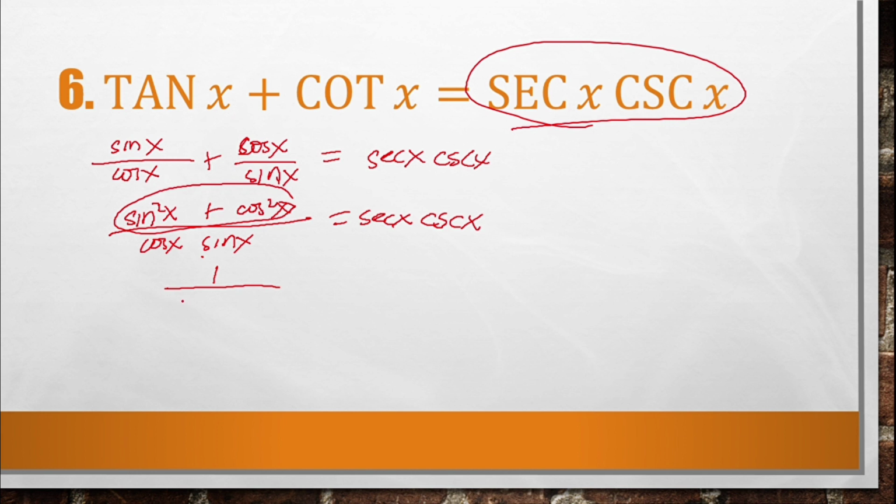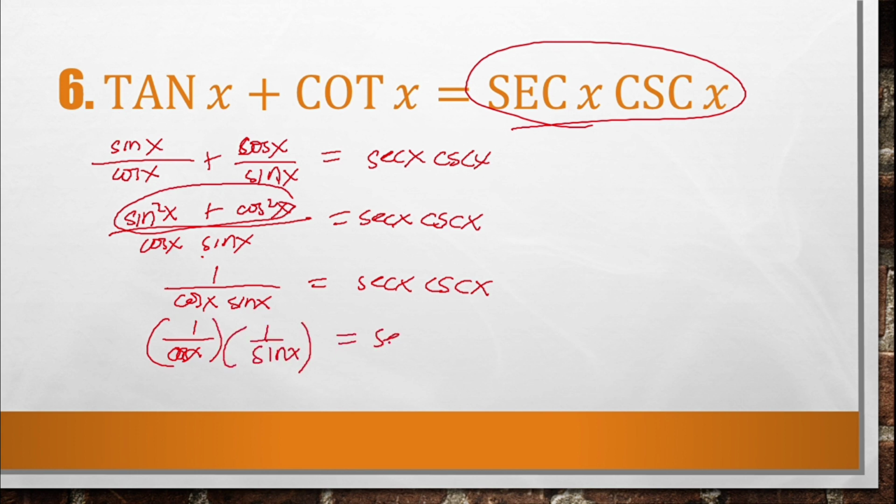So 1 over cos x sine x is equal to sec x cosecant x. So we could regroup this one as 1 over cos x times 1 over sine x. So 1 over cos is sec x, and 1 over sine is cosecant x. So therefore we have sec x cosecant x.